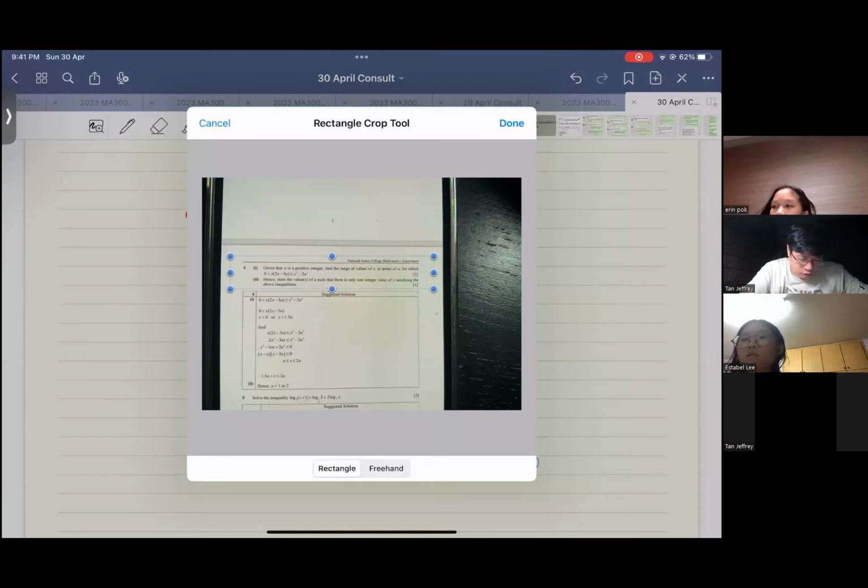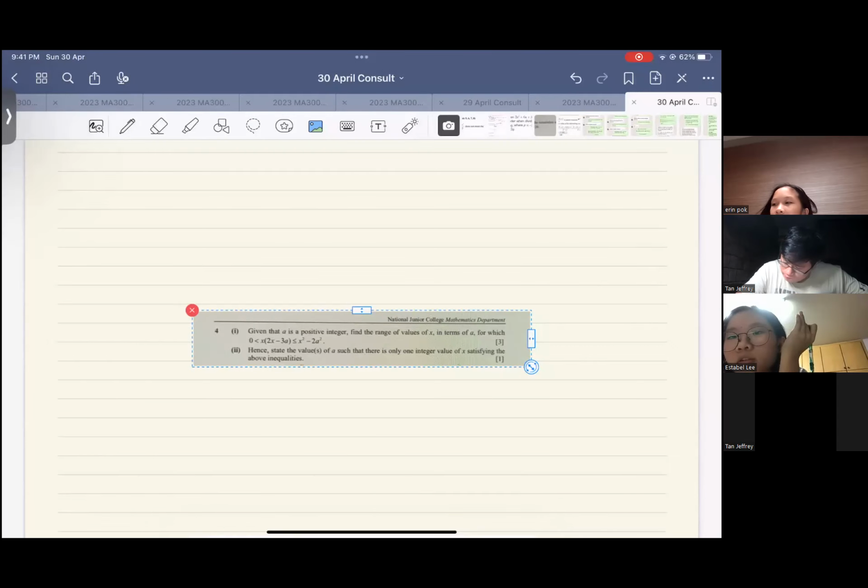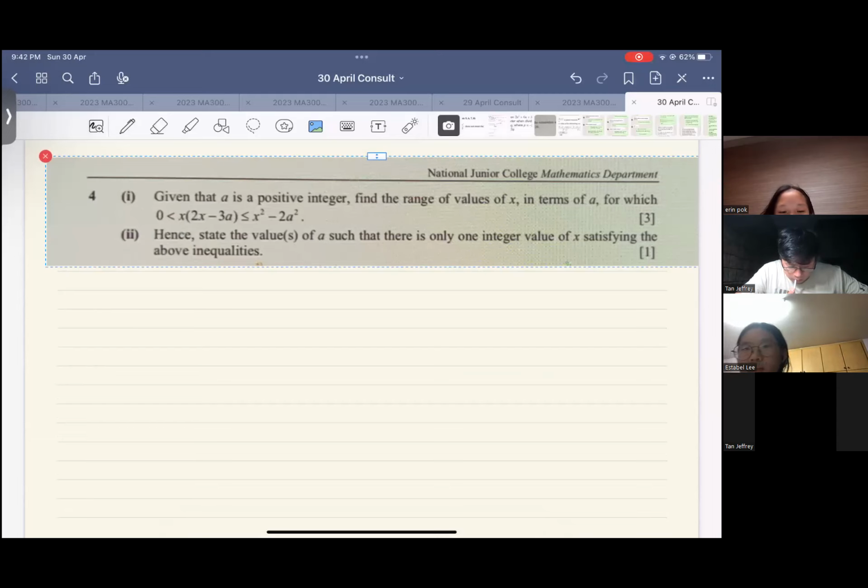Estabel, what is bothering you for this question? The only thing I don't know is why A can be equal to 2. Why is it that A can be 1? No, I know why A can be 1, but I don't understand why A can be 2.